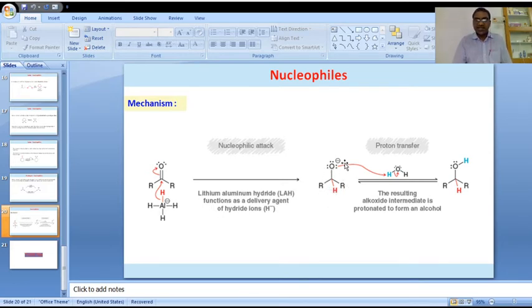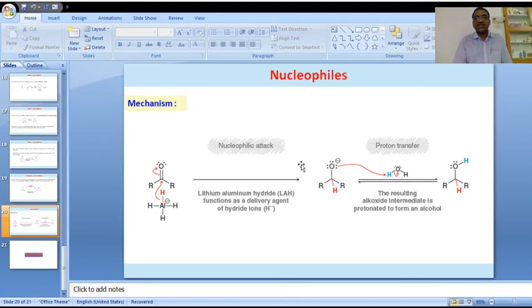This tetrahedral alkoxide intermediate is protonated with a water molecule. It is a proton transfer step.